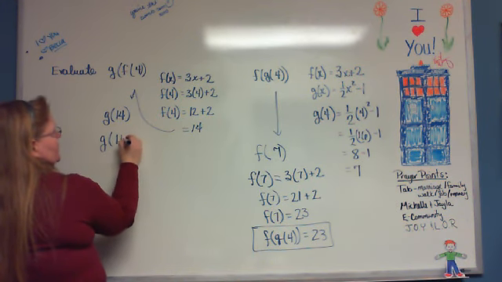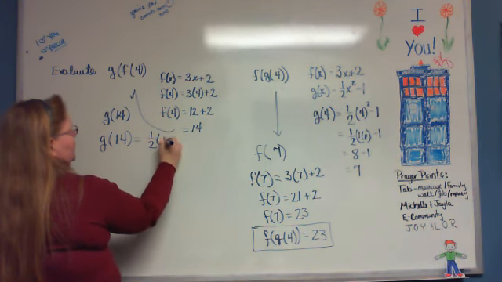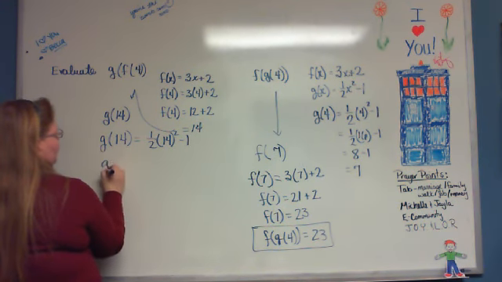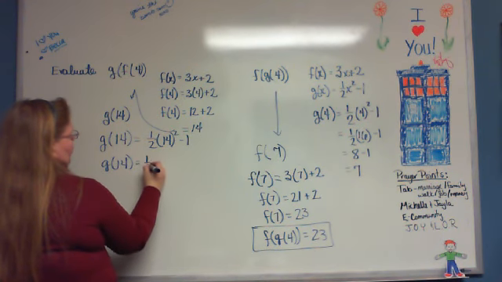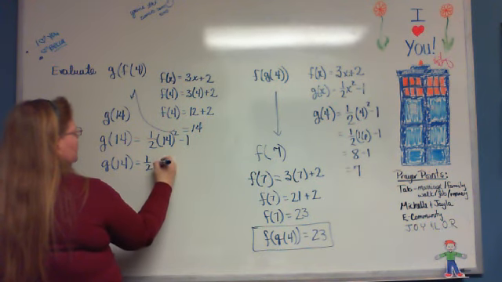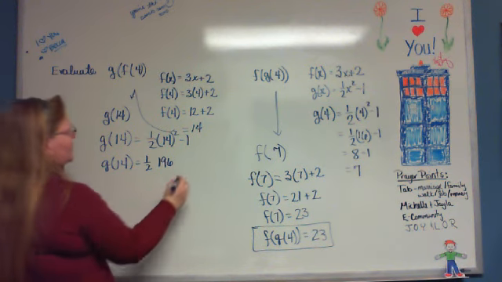So g of 14 is going to equal 1/2 times 14 squared minus 1. 14 squared is 256. No, 196. In my head, just saying.